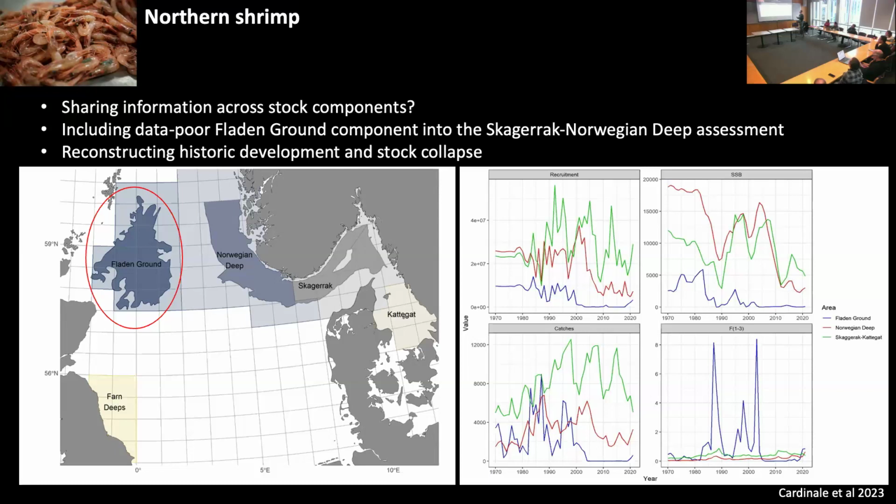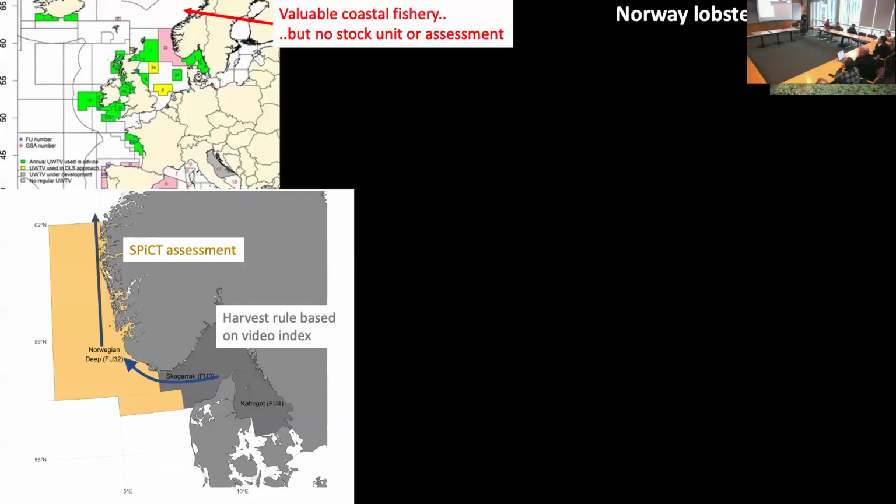So we try to reconstruct this historic stock by adding this stock component into the discovery region in the settlement model, and see how that would work. The information can also be shared once you bring in this spatial component. So that's also interesting to look at.